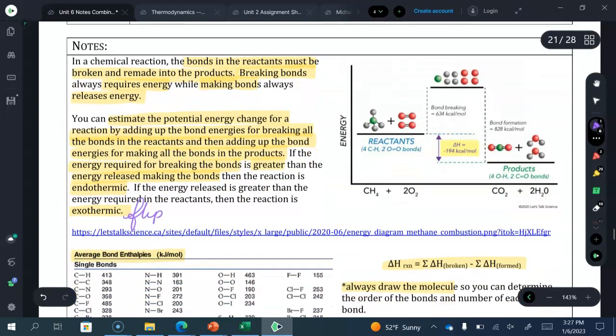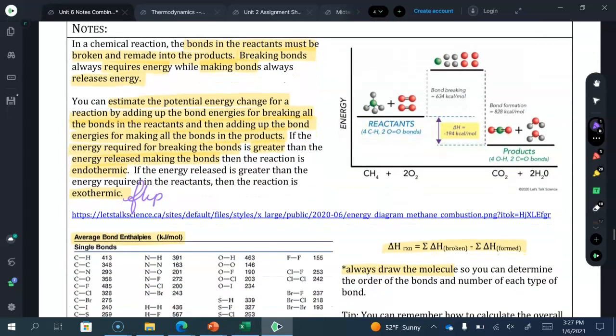In a chemical reaction, the bonds in the reactants must be broken and remade into the products. Breaking bonds always requires energy, while making bonds always releases energy. I'm going to start sounding like a broken record, but please make sure you are paying attention to that. You can estimate the potential energy change for a reaction by adding up the bond energies for breaking all the bonds of the reactants, and then adding up all the bond energies for making all the bonds in the products.